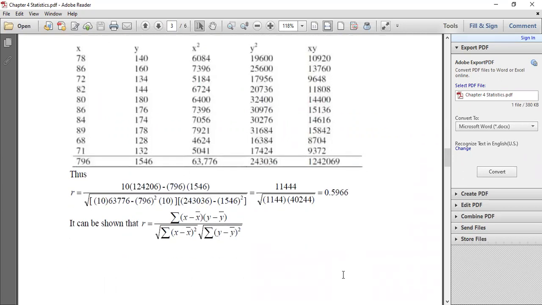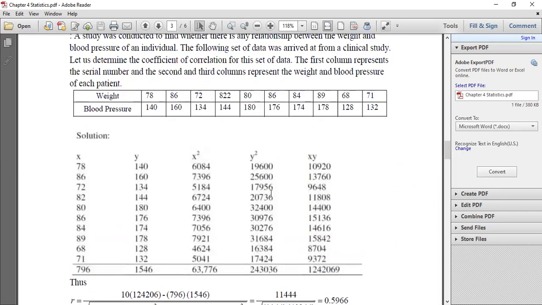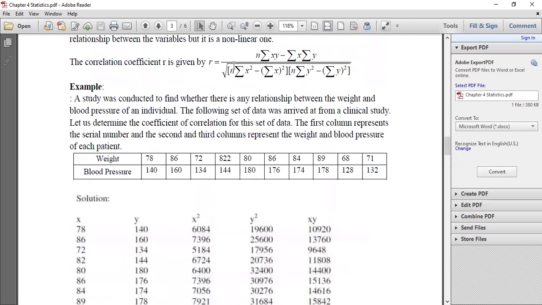Now, for this formula, you can still try to use it, but for now, let's concentrate on this formula of R. The only thing is that sometimes students miss the N here, so you have to be careful.